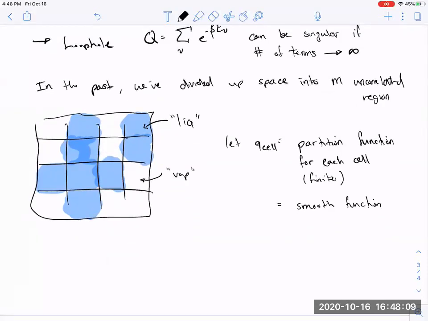If we can grid up space into M uncorrelated regions, that would mean that our partition function has some form little q cell to the M, which means that minus beta A, which is always log of Q, in this case being minus M log Q cell. That means that A over M is a smooth function.